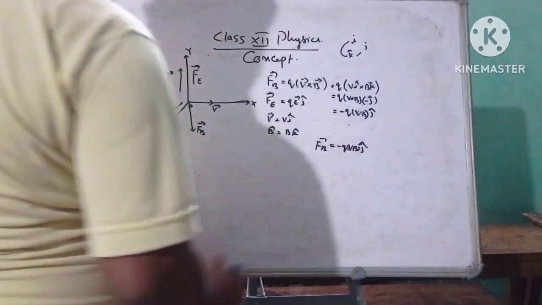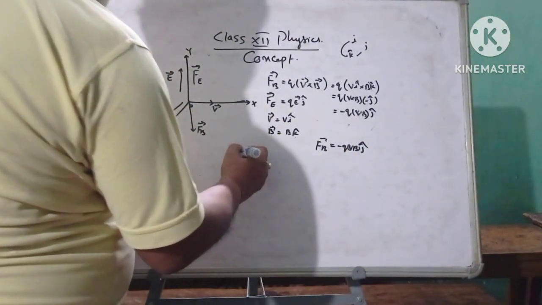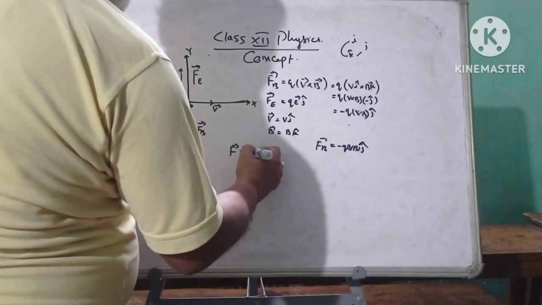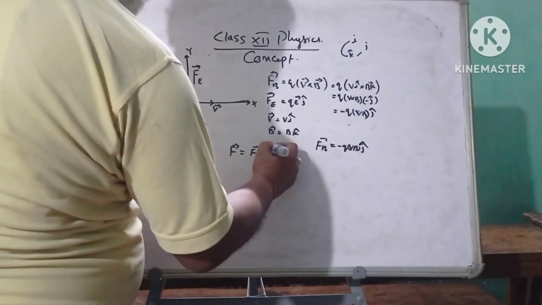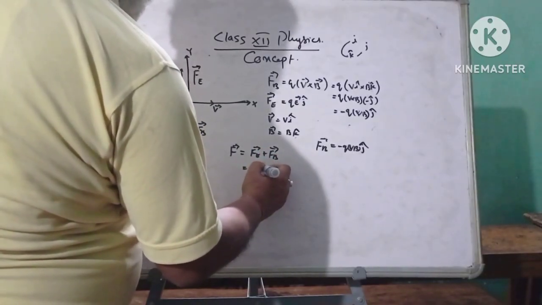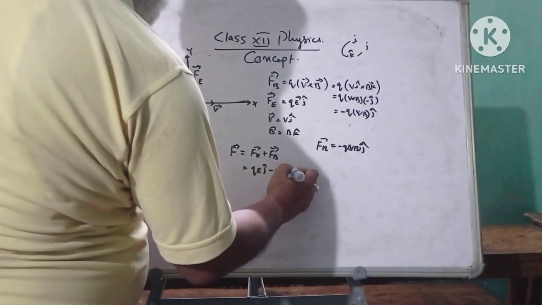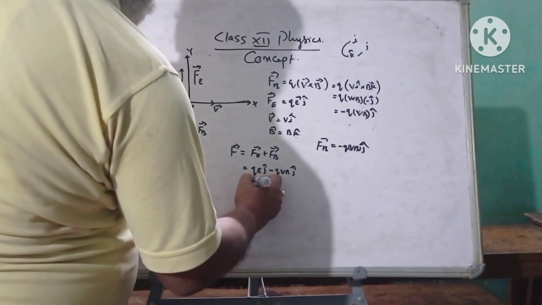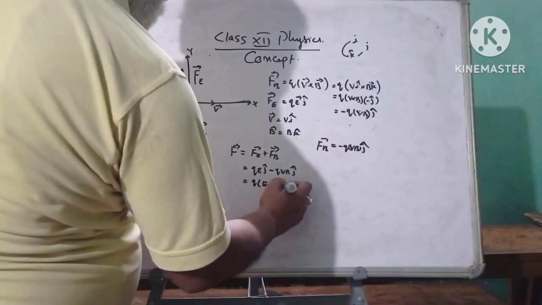So here your total force F will be equal to FE plus FB. So F is qE J cap minus qVB J cap, which is equal to q times (E minus VB) J cap.